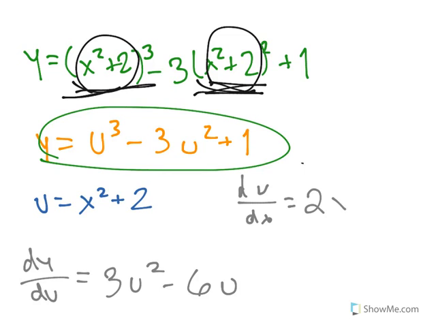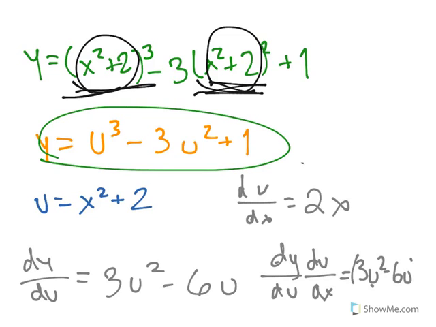That's just 2x. And now we can just multiply them in the way the chain rule instructs us to do. So dy over du times du over dx, that's just 3u squared minus 6u times 2x.